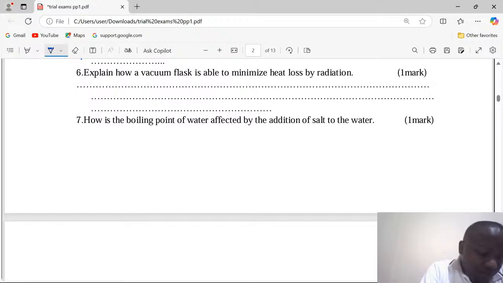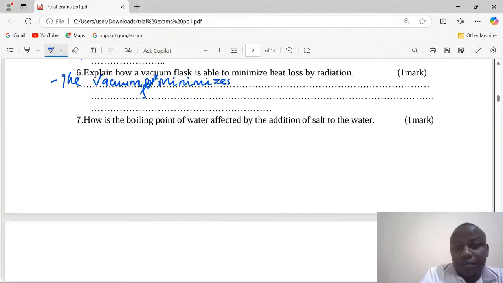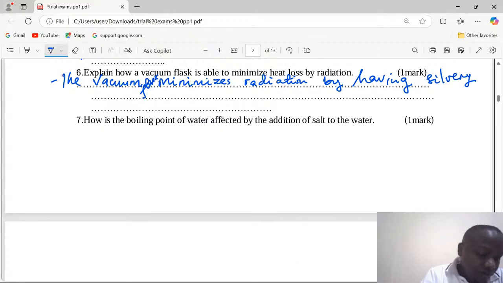So the vacuum flask minimizes radiation by having silvery walls, silvery inner walls. Yeah, we call them silvery inner walls.